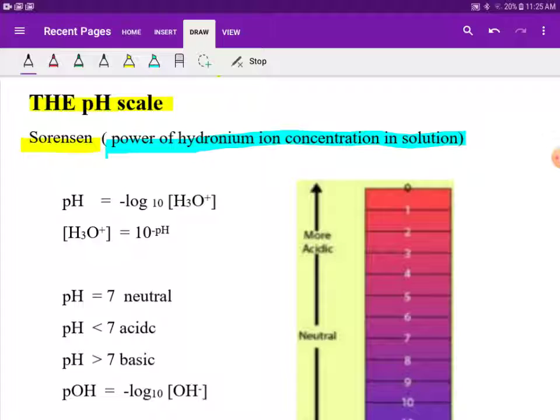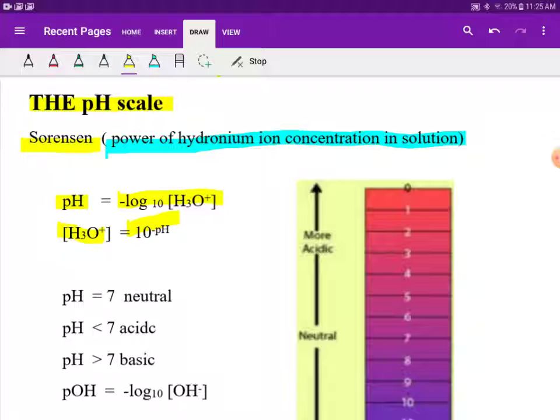It is mathematically defined as the negative logarithm of hydrogen ion concentration to the base 10, that is pH equals minus log [H3O+]. Therefore, the H3O+ ion concentration is equal to 10 raised to minus pH.